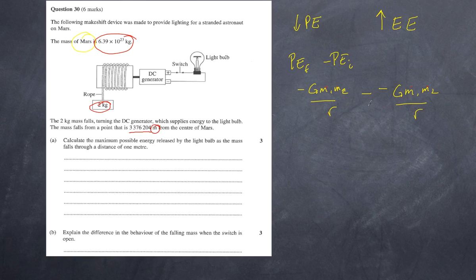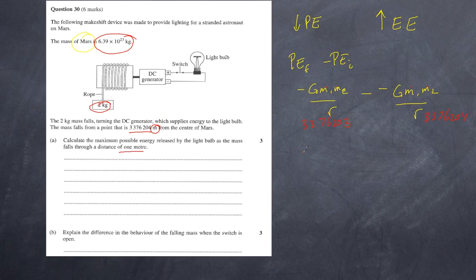So this initial one over here is that value over here, which is 3376204. Whereas the final one is a bit lower, and that is equal to 3376203, because it's dropped down a distance of 1 meter.